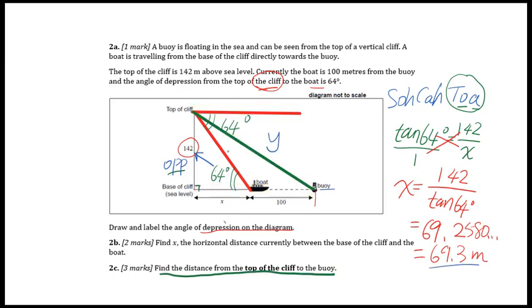meters. Now let's go to number 3. Find the distance from the top of the cliff to the buoy.